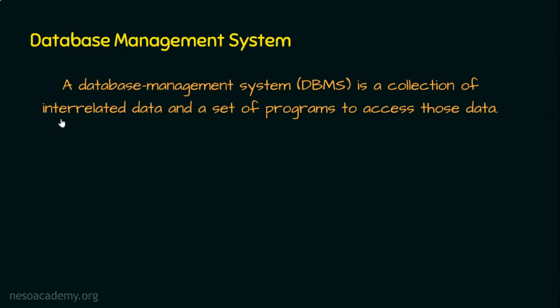And not only is it going to store the interrelated data, it also has a set of programs to access those data, because we obviously need to access the data. Say you're going to an ATM machine to withdraw some money. When you insert your card into the ATM machine, obviously your details have to be fetched from the database, where the database is the central entity that stores all the information about all customers.